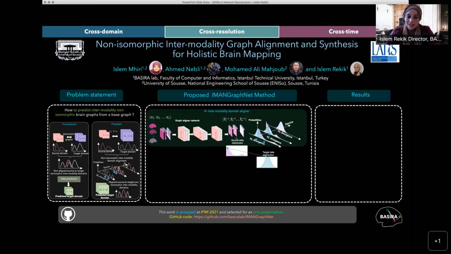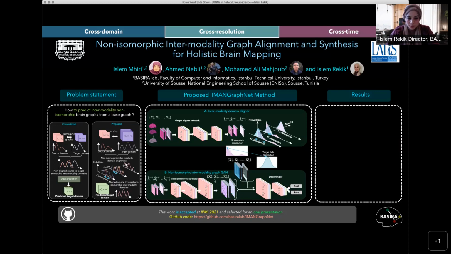Once you have these source networks aligned in distribution to the target domain, we propose a non-isomorphic intermodality graph GAN.